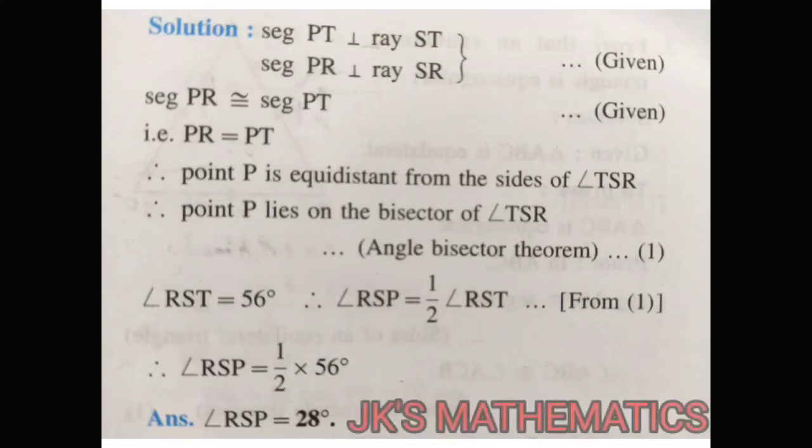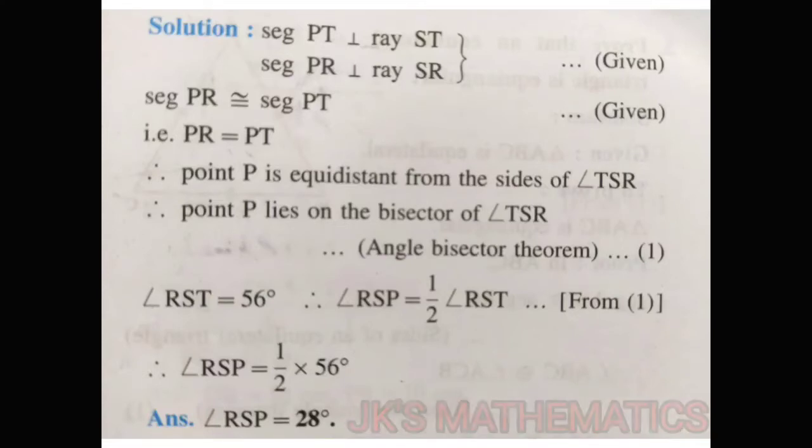What is the angle bisector theorem? If a point in the interior of an angle is equidistant from the sides of the angle, then that point lies on the bisector of the angle.